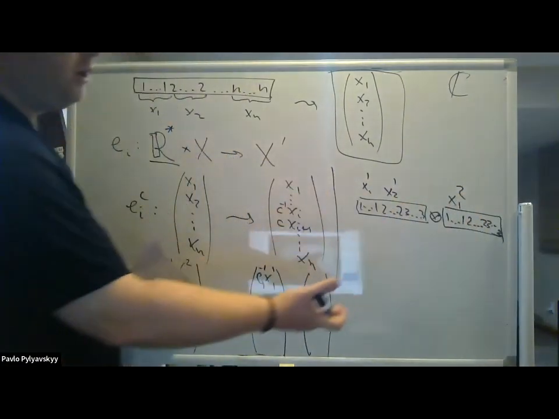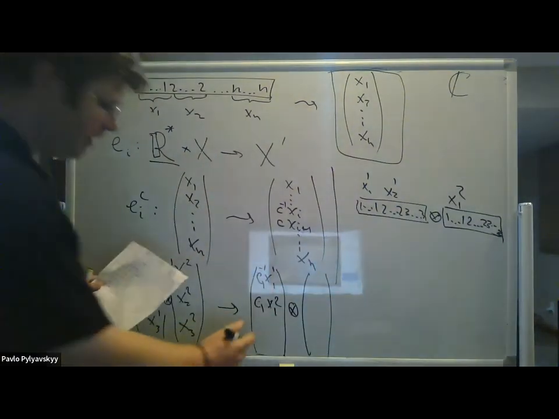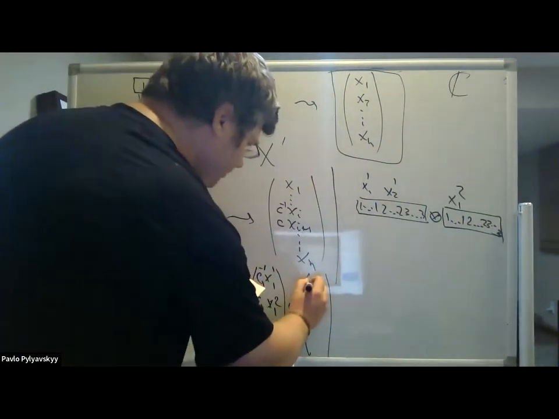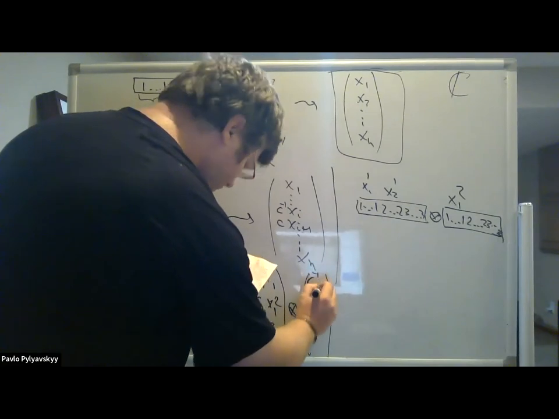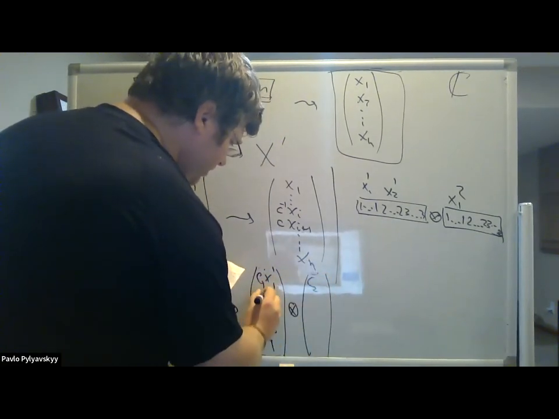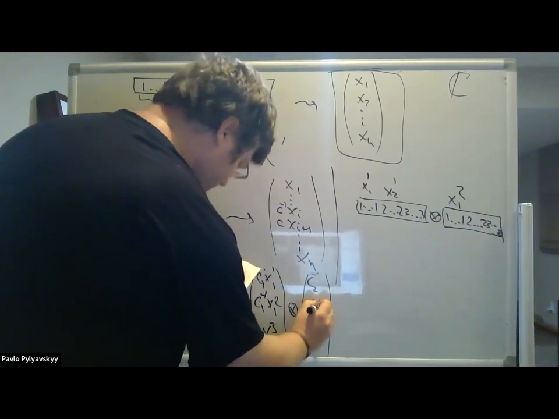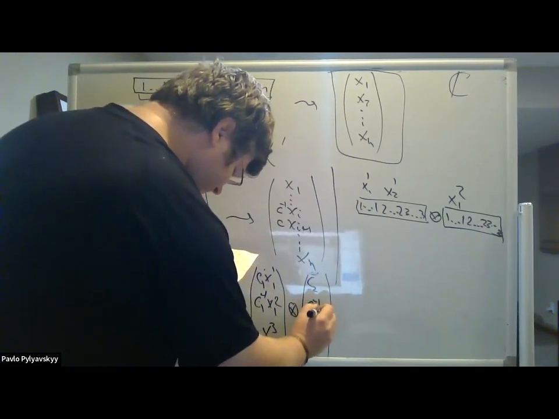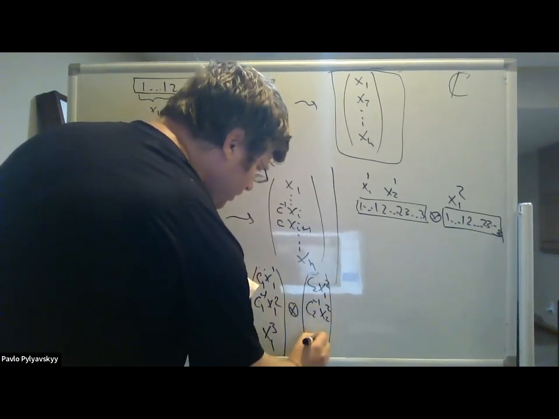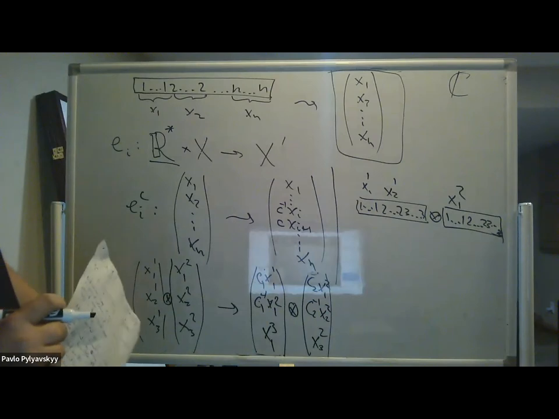If you act by E1, 1s and 2s change the numbers, but 3's and everything else stay the same. So this one still will be x13. And here I have C2 inverse. Well, let me just write C2. And here I'll write inverse because that's what I have in my notes. C2 inverse, x12, x22, x32. So what happened here?